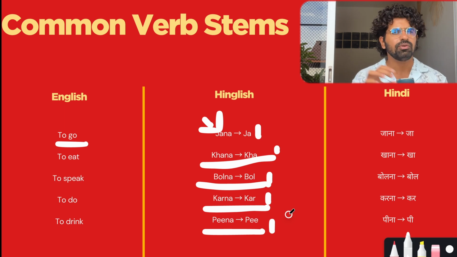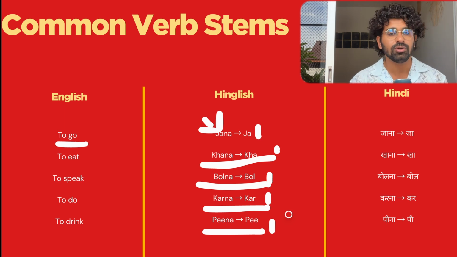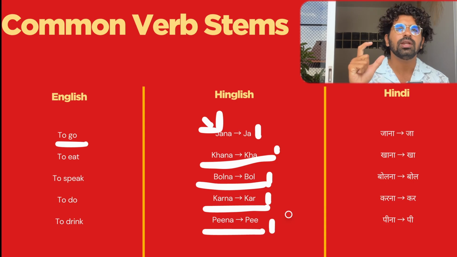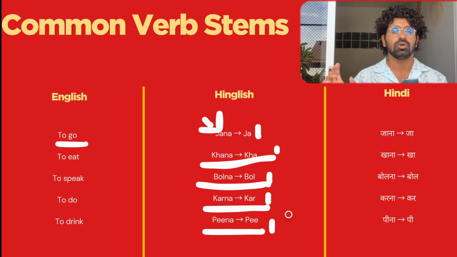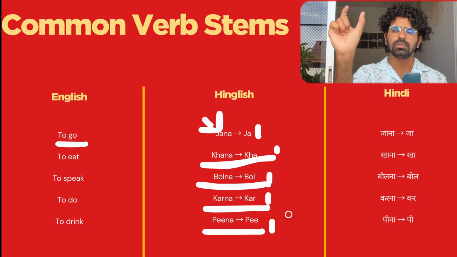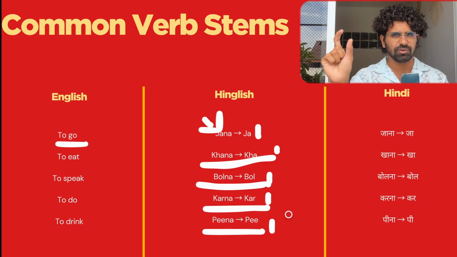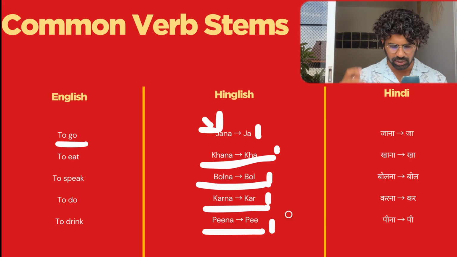If you have learned any Hindi, you would know that in Hindi, the infinitive of any verb always has na. Without na, it's almost impossible to conjugate something in Hindi. So that's the first point: whenever you have any infinitive of a verb, you just remove the na from it.